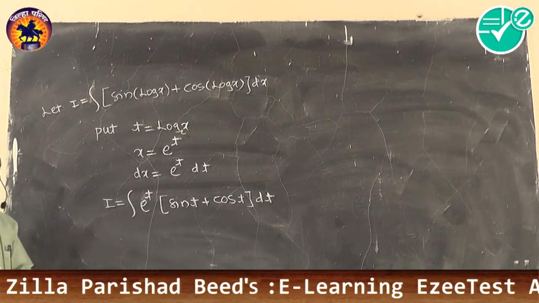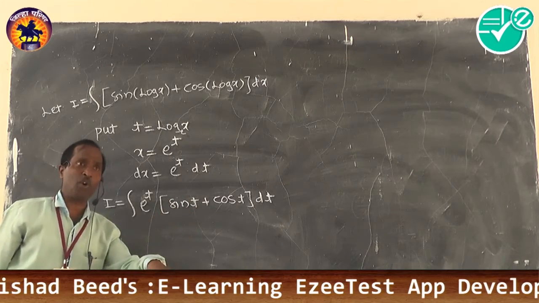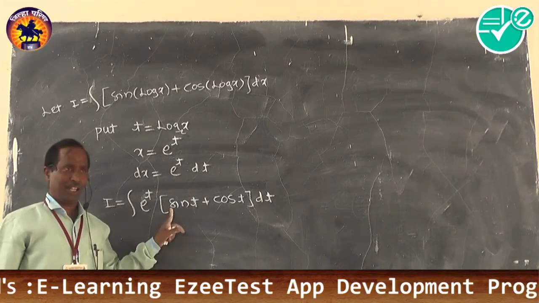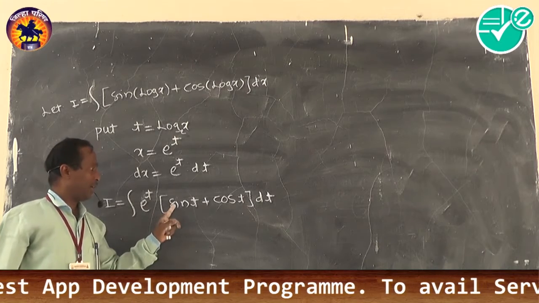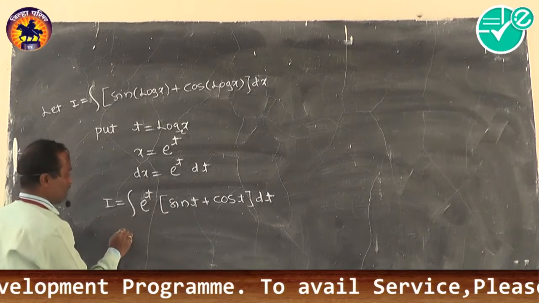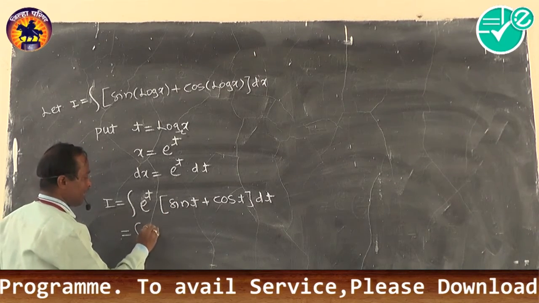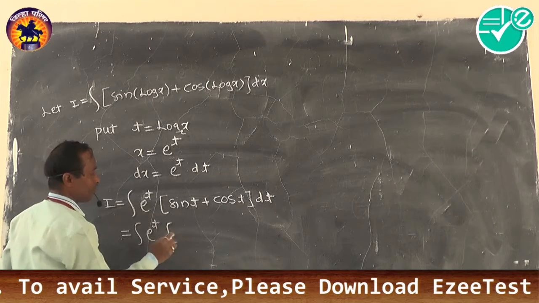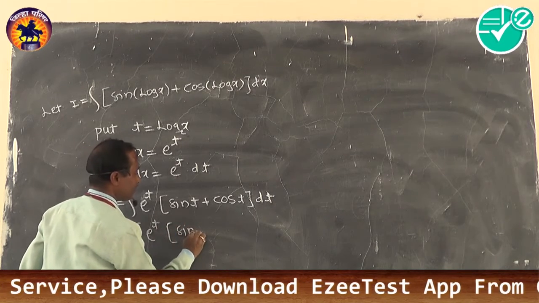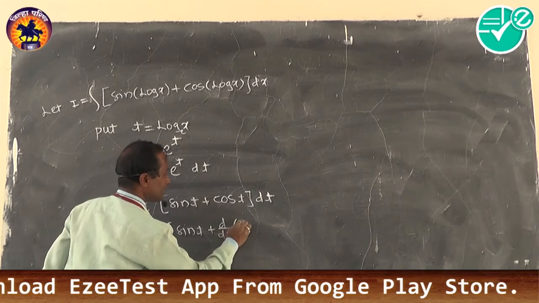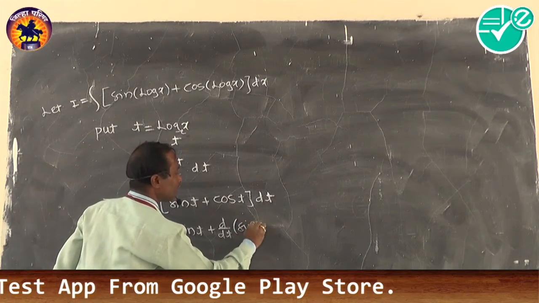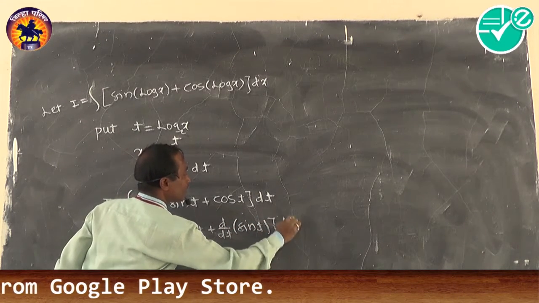The derivative of sin t is cos t and the derivative of cos t is minus sin t, so the derivative of cos t does not adjust here. Here the derivative of sin t is cos t. So integral of e raised to t into [sin t plus d by dt of sin t] dt.